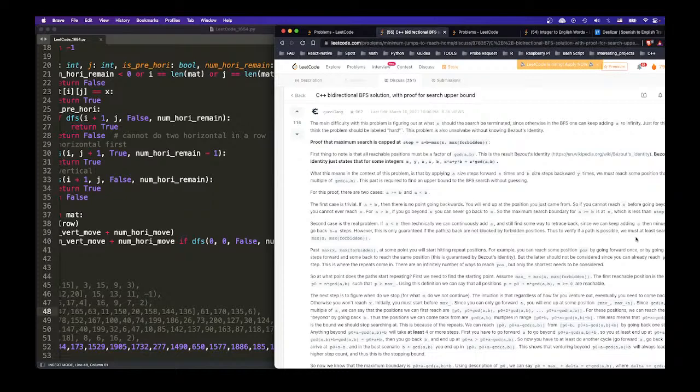Must search at least past. Yeah, because we can go past X. And then we can always go back unless it's been blocked, so it has to go past forbidden.